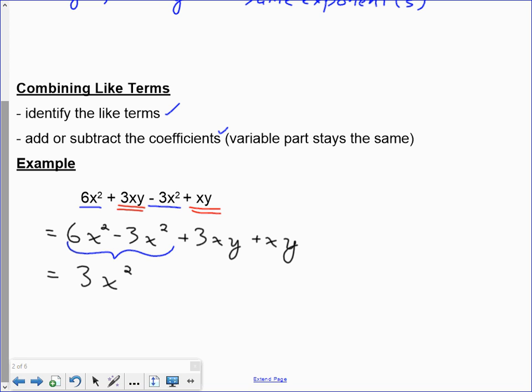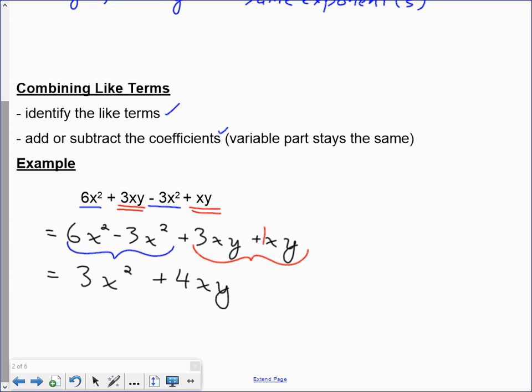I subtract the coefficients, 6 minus 3, and I keep the x squared part exactly the same. Similarly, if I've got my 3xy plus xy, if I've got 3xy's and I add another xy, I now have 4xy's. Okay, so I've added those coefficients. I didn't see that coefficient of 1 in here, I just sort of assume it. 3 plus 1 gives me 4. The xy part stays exactly the same.